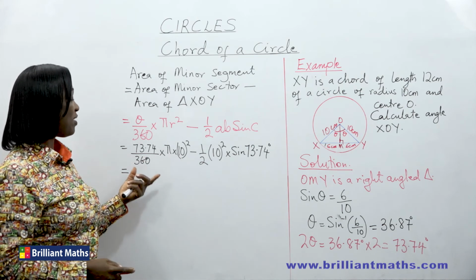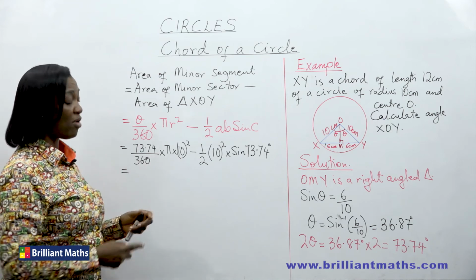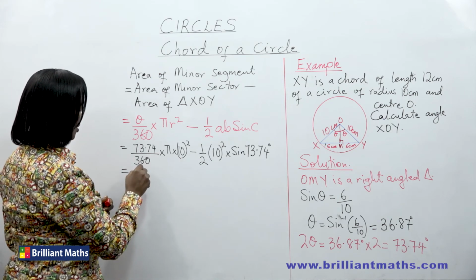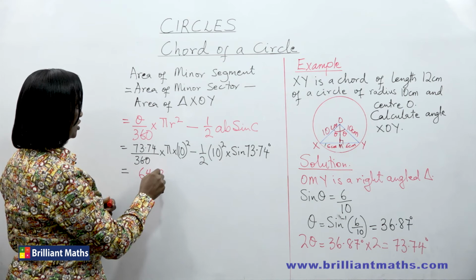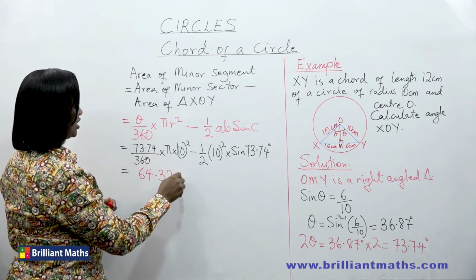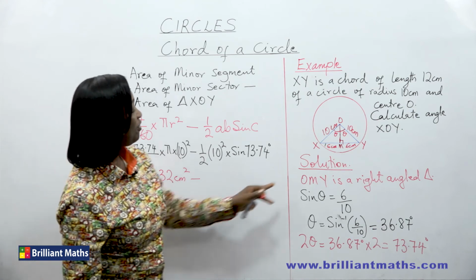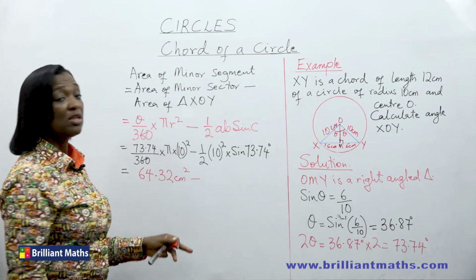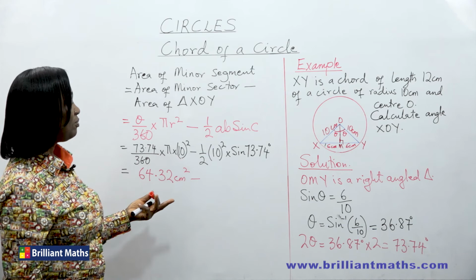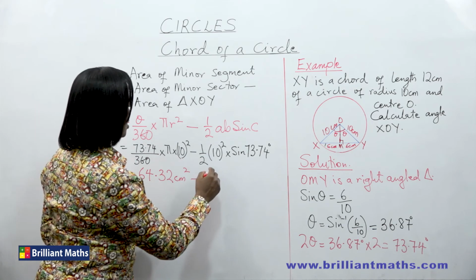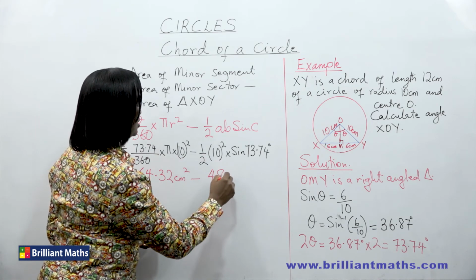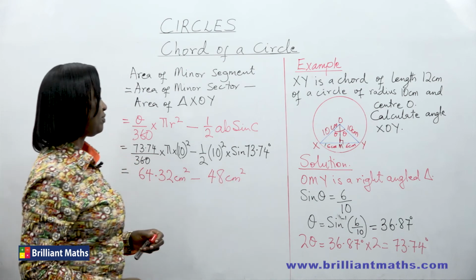So the area of the minor sector is 64.32 centimeters squared, minus the area of the triangle, which is 48.0. That's 48 centimeters squared.